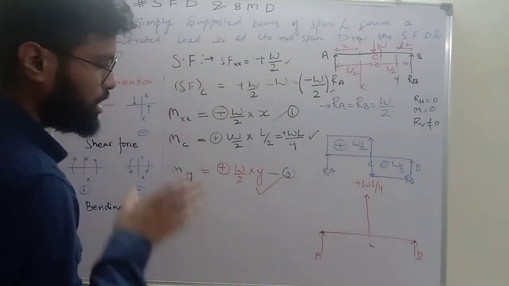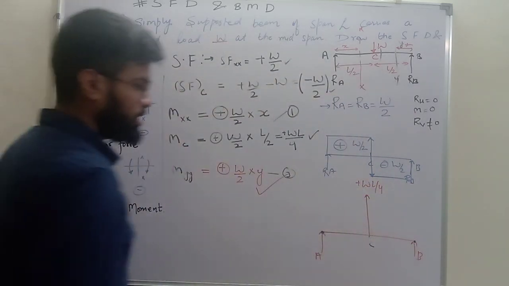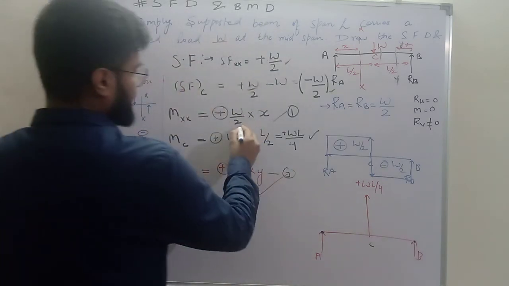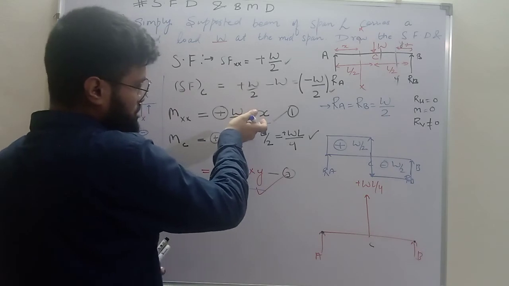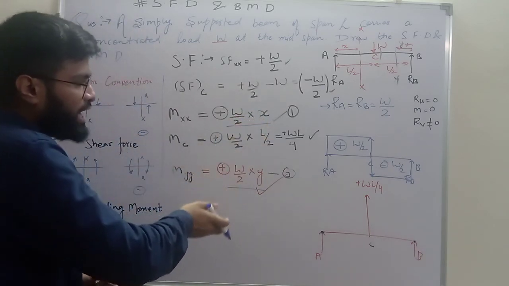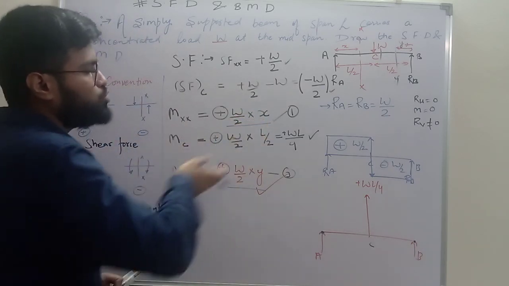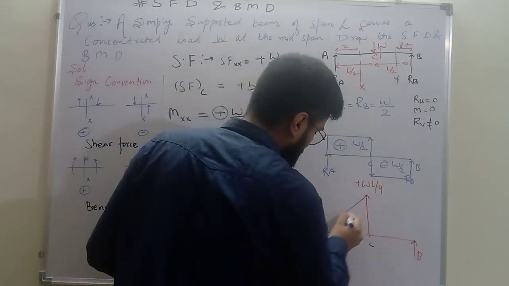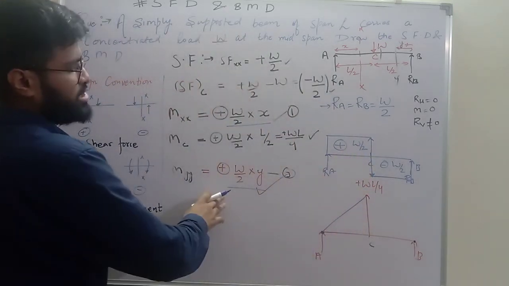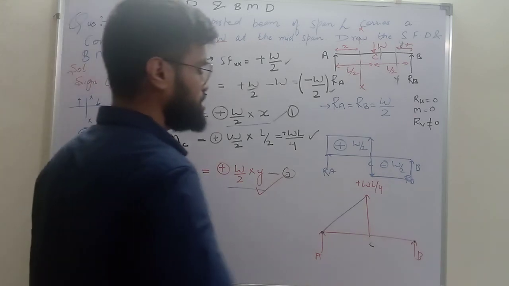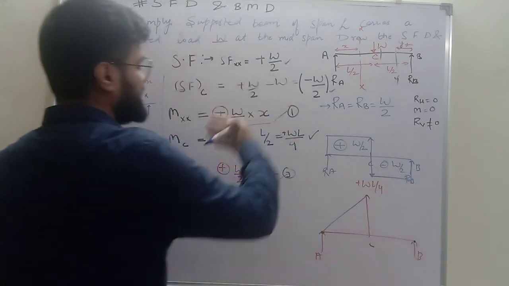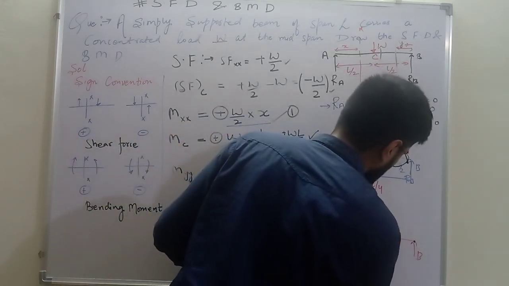Okay, this is the moment at point C. Now this is a linear equation. It means that the bending moment will vary linearly from point A to point C. So we can draw a straight line. Similarly, this is a linear equation, it is a straight line. So it means that the bending moment will vary from B to C in a linear way, in a straight line.